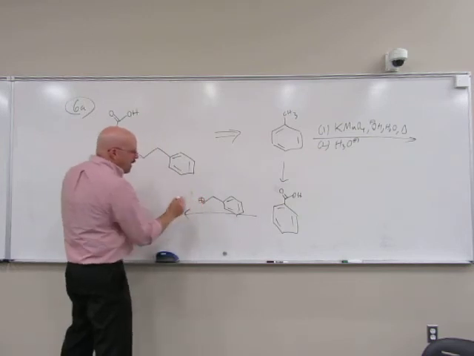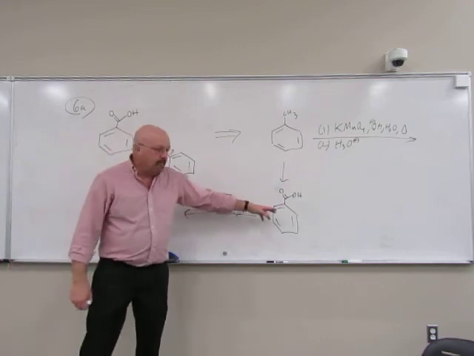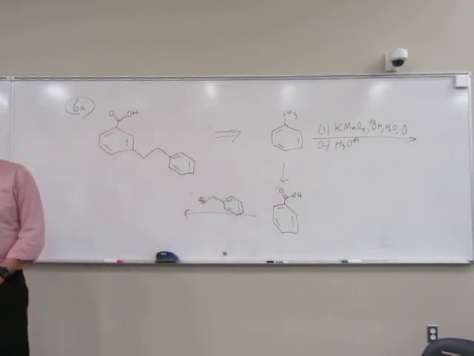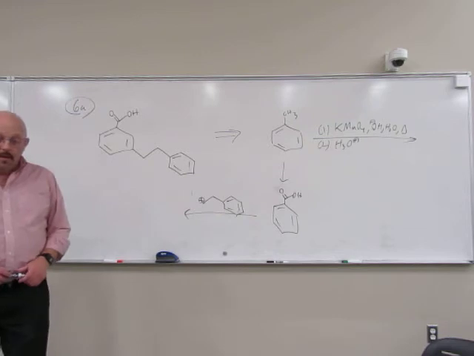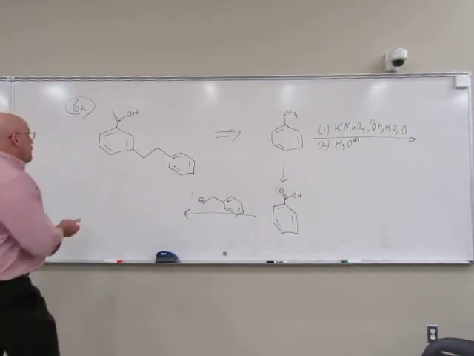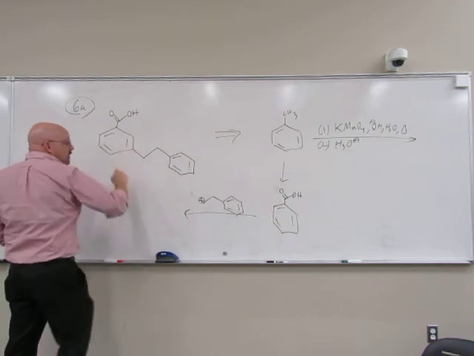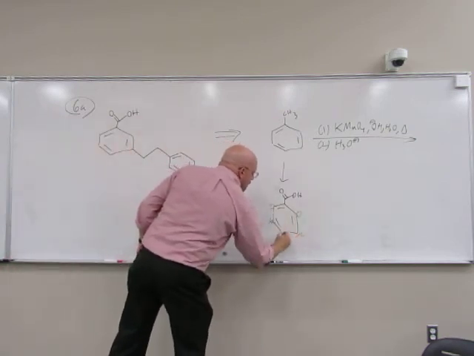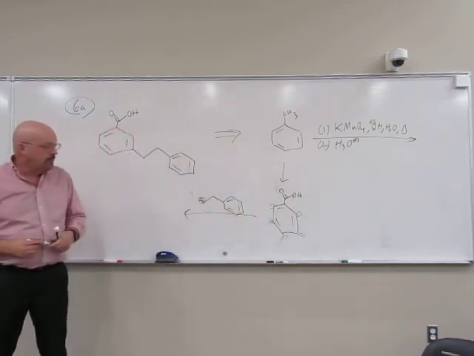That would give a carbocation. And then the carbocation would add to the aromatic ring, right? Wouldn't it be meta? Hmm? Oh wait, no, it's supposed to be meta. I thought it was para. I couldn't see it. Yeah, I already got the carboxylic acid, so this is ortho to that. Here's meta. There's para. So that puts us in the right position.